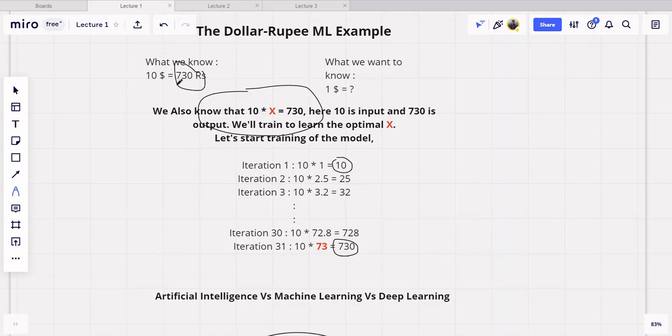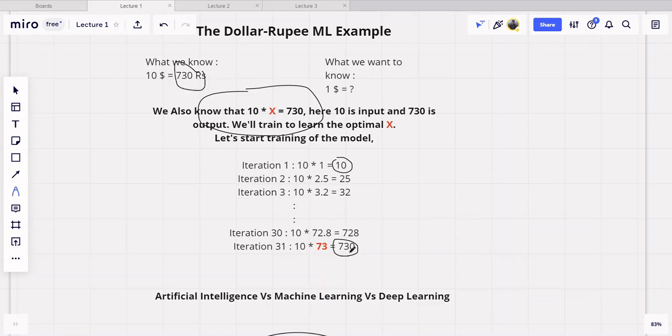So 10 multiplied by x, where x is 73, is equal to 730. So after 31 iterations, by gradually increasing the value of x, we learned that 10 multiplied by 73 gives us 730 rupees. This is basically a parameter that we have learned here.